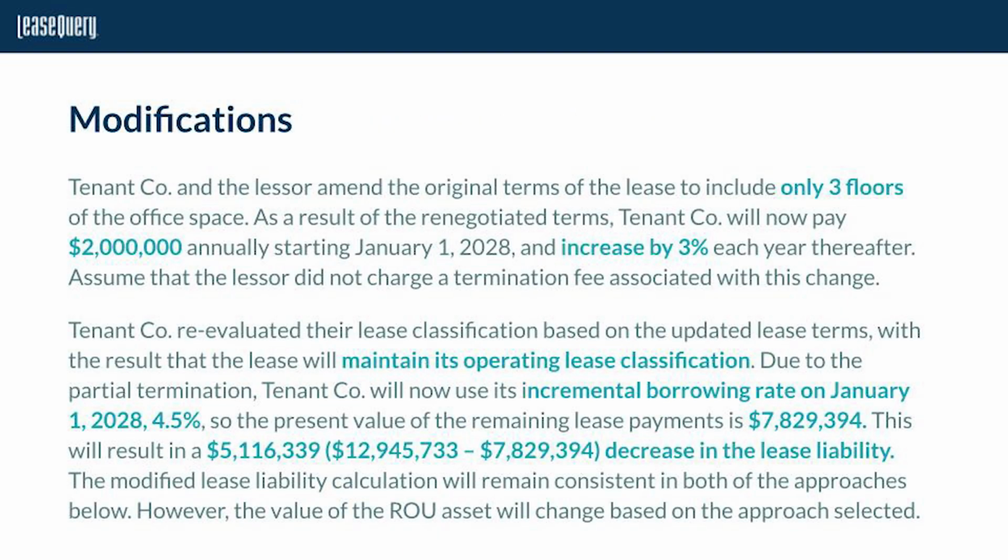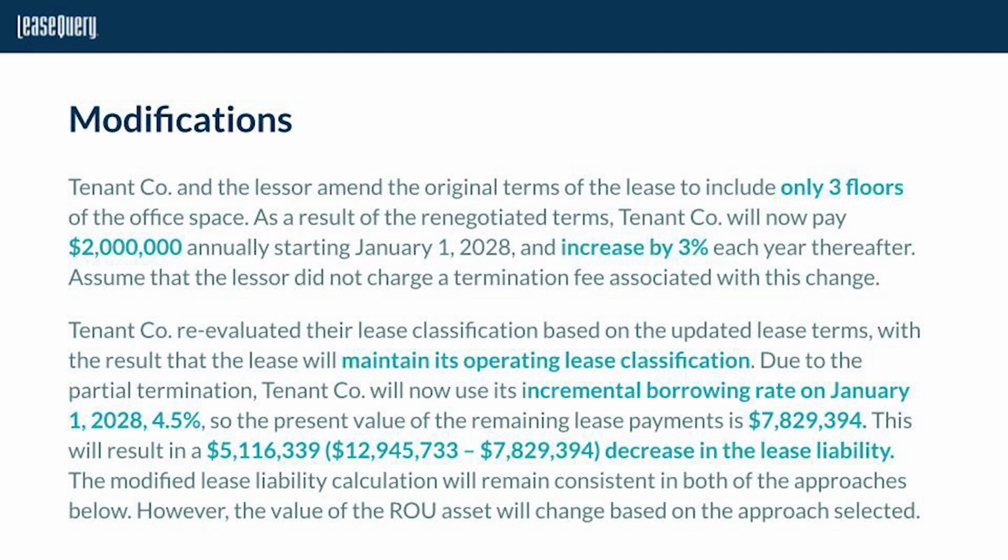So the modifications that we'll use, the lease agreement is going to be modified to be 3 floors instead of 5, beginning 2028. The payments are now going to be $2 million annually, still with the 3% escalation.